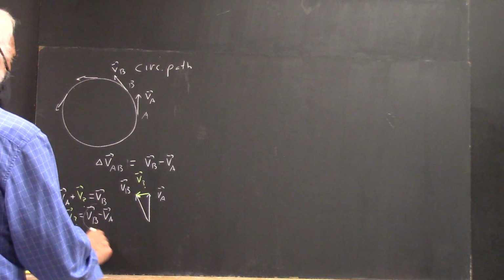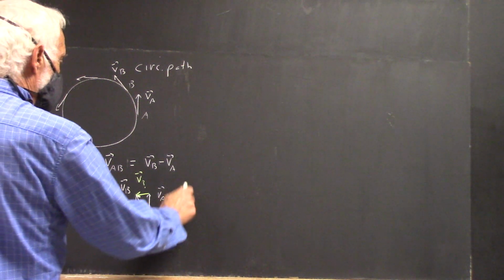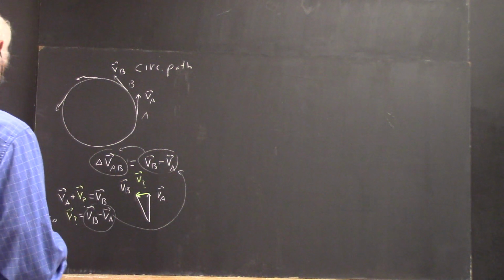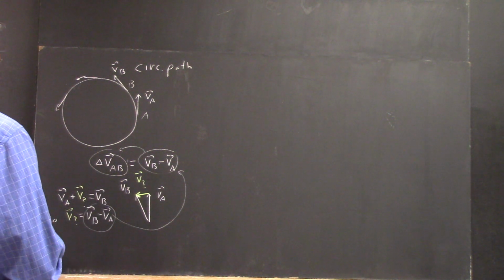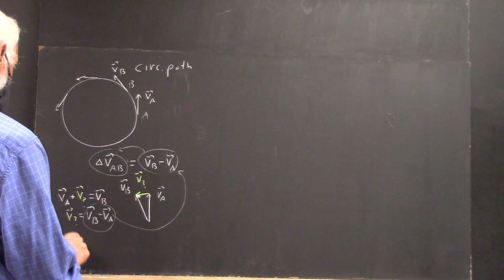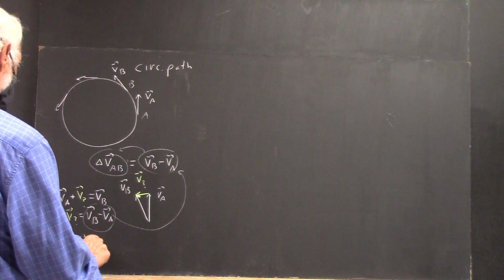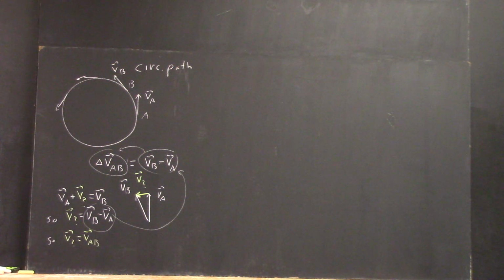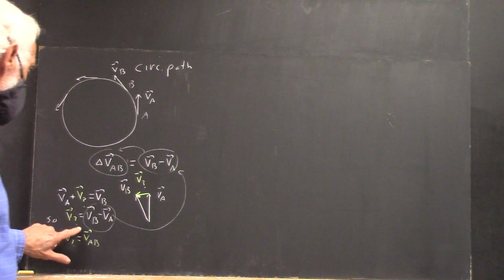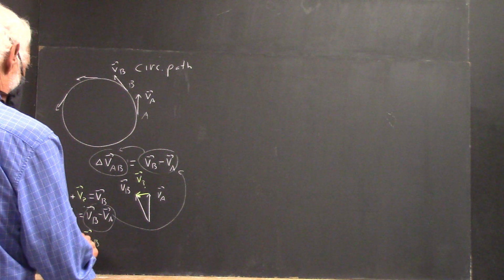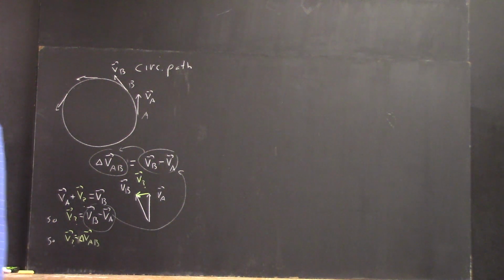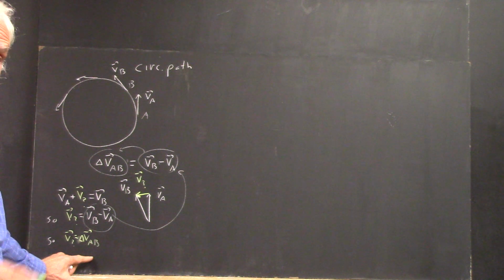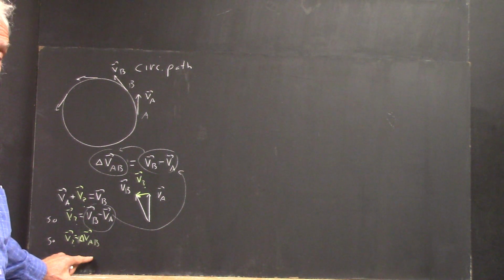But of course, vB minus vA is this, which is this. It's delta v, AB. Okay, do we understand this? Well, whether we do or not, we need to, right? 'Cause this is gonna be very important.